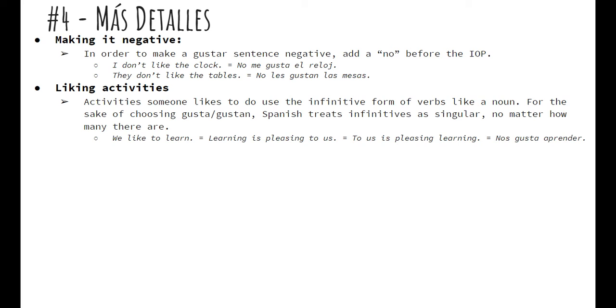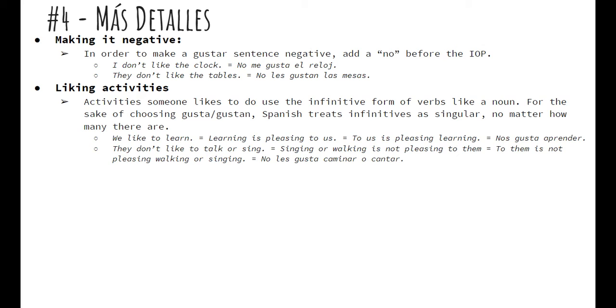And then replace nos gusta aprender. Because it's an infinitive, we use gusta. But they don't like to walk or sing. Singing or walking is not pleasing to them. Reverse it. To them is not pleasing walking or singing. Then replace no les gusta caminar o cantar. You'll see there we have two infinitives. It's still gusta.